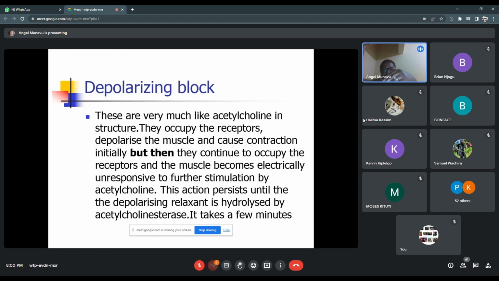Because, like I was explaining, another class cannot come and get into that class when you are there, because they will have nowhere to sit. So this action persists until the depolarizing relaxant is hydrolyzed, and this takes a few minutes. So that's how a depolarizing block works.